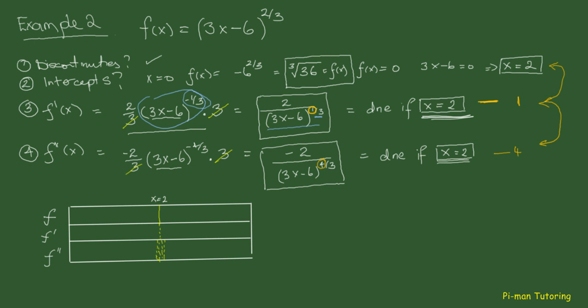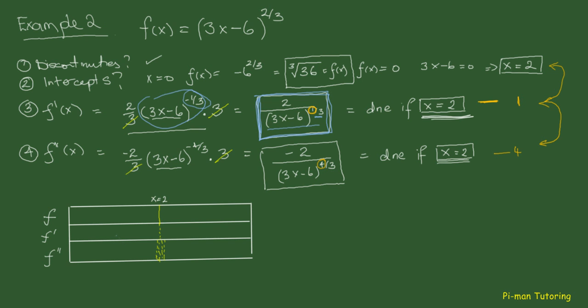Now what does it all mean in terms of slopes and increasing, decreasing functions? Well, taking the first derivative first of all, we can look at the first derivative expression, this equation up here, and we can say what happens if I choose a value below 2. A convenient value to choose is 0, and so we would have 2 divided by minus 6 to the power of 1/3.